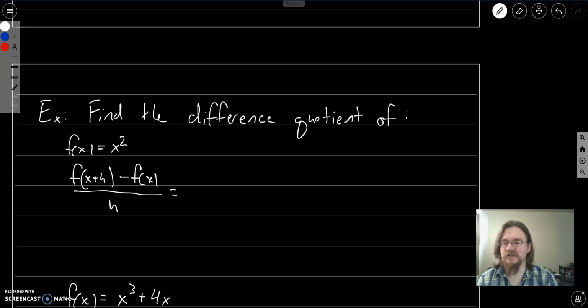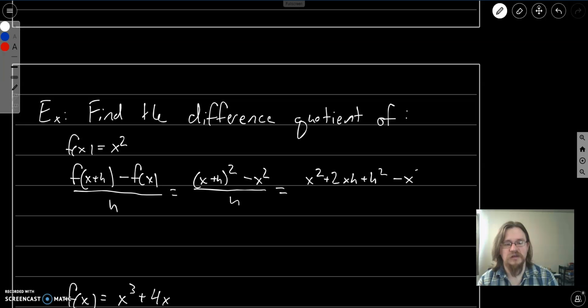For f of x plus h, let's plug x plus h in here, and I'll get x plus h squared minus f of x. f of x is just x squared, all over h. And we can simplify this. x plus h quantity squared is x plus h times x plus h. This is going to be x squared plus 2xh plus h squared minus x squared, all over h.